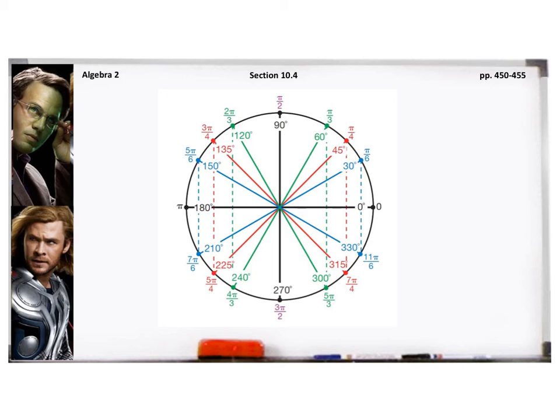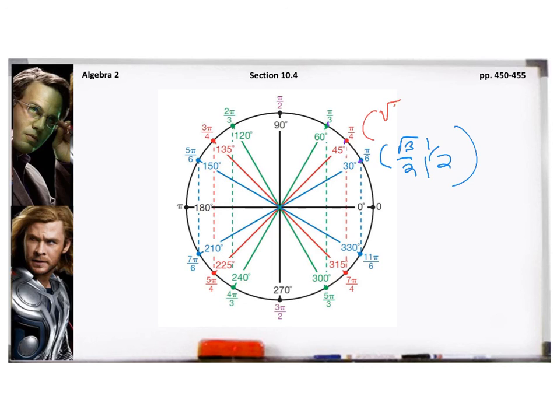Now this is a picture of the unit circle. This can help you a lot, so you'd want to get familiar with it. Pi over 6 is going to be at sine 1/2, so that's 1/2 and root 3 over 2.